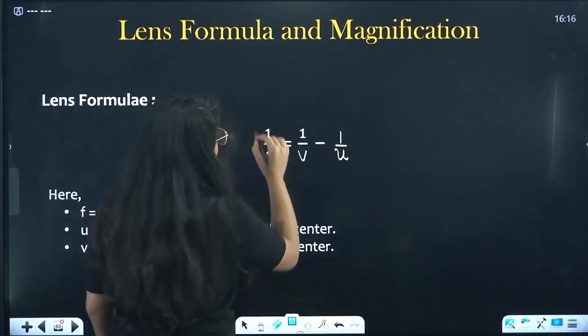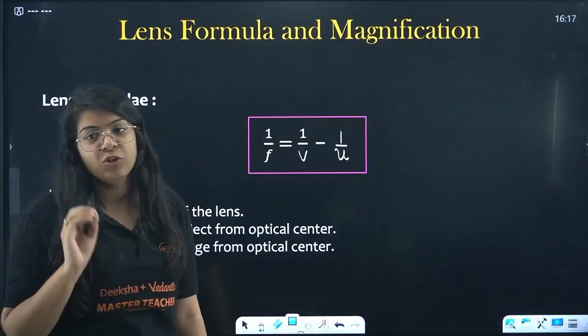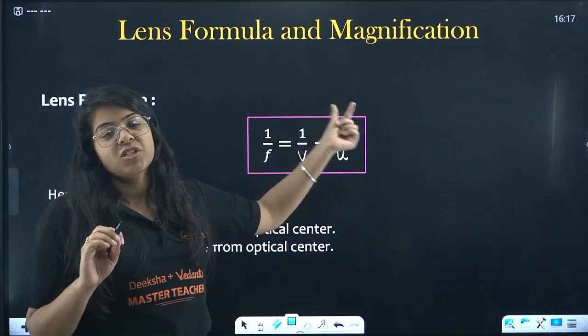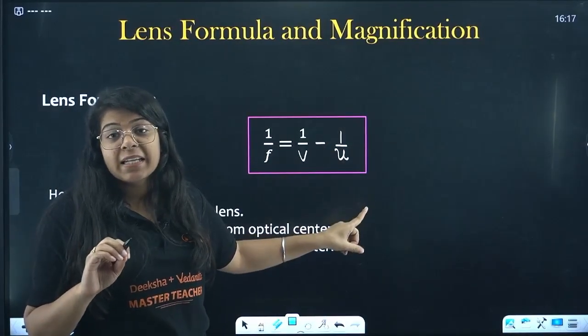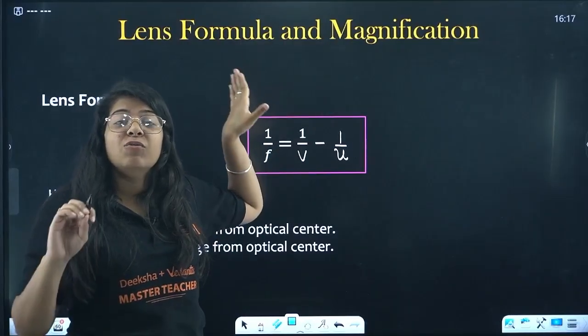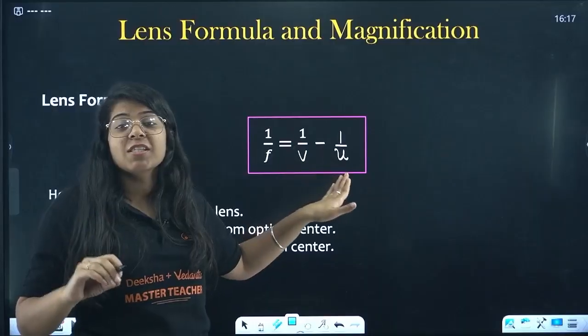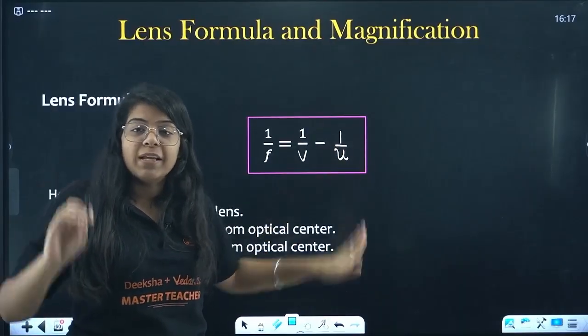But here, you will have 1 by V minus 1 by U. F is focal length, V is image distance, U is object distance. Negative sign, positive sign is all related to those sign conventions. If you are confused, you want practice, join the live sessions and we will do all the numericals there.